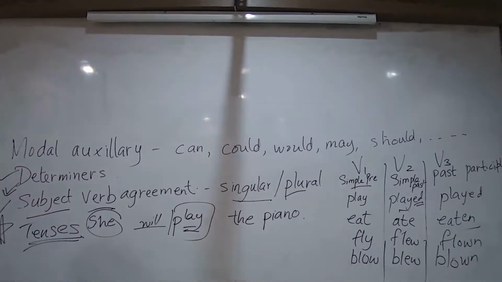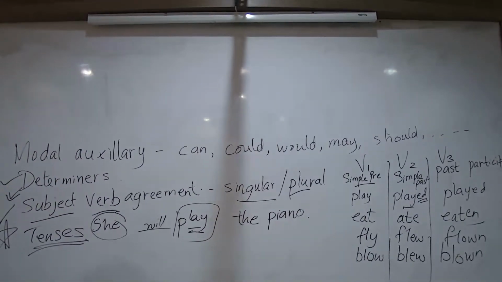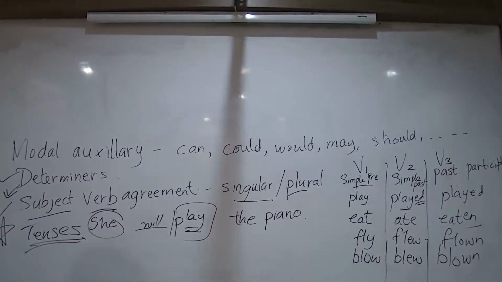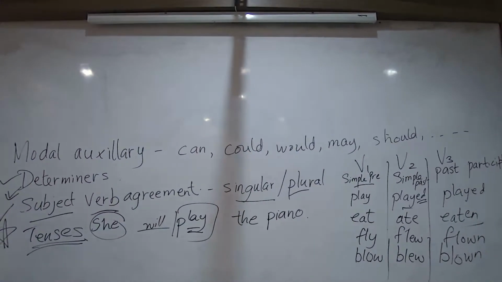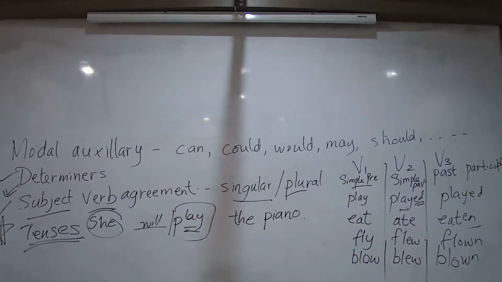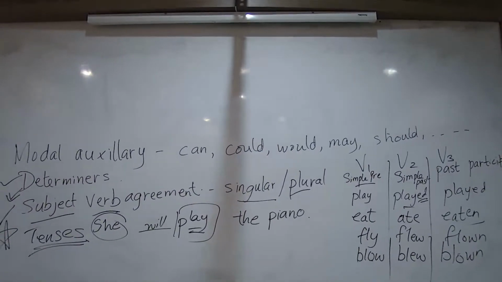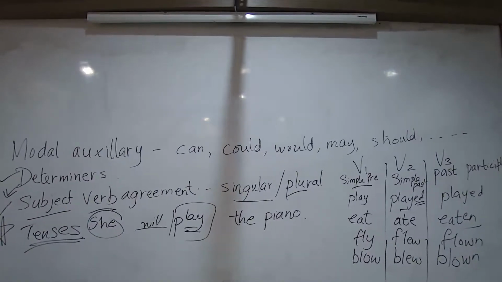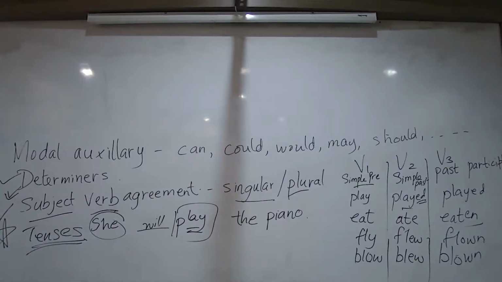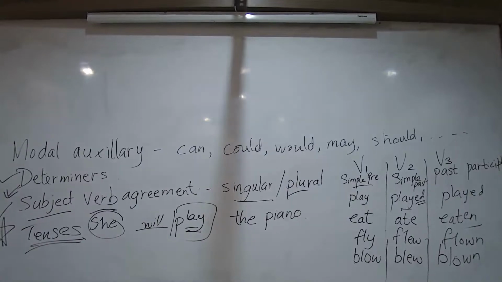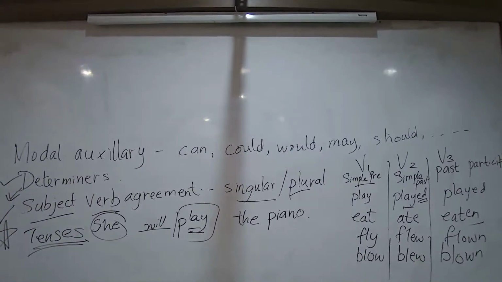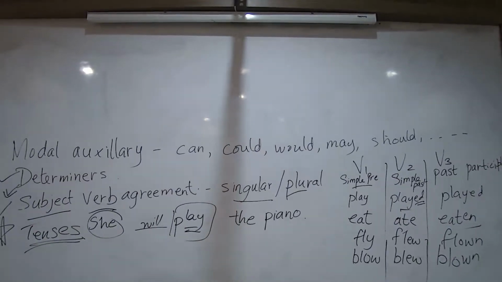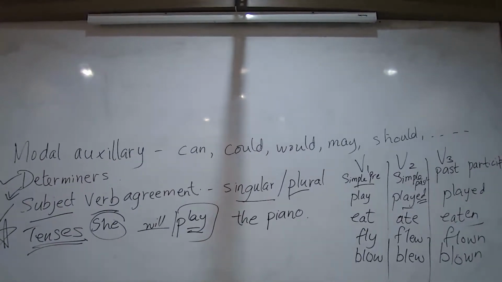So that means it will be playing. Understood? Then is playing, are playing, was playing, were playing, past. So when I write this, remember whenever these words are given, these are your clues. Is there, and it is in a continuous form. So I will put is playing. Understood? Ing words. Okay?